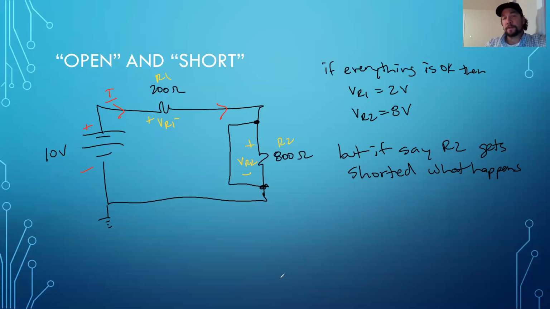We short out, we have a wire that forces the potential difference here and there to go to the same thing, right? So now VR2 is forced to 0 volts because I'm forcing the potential here and the potential here to be equal because there's a wire right here, okay?